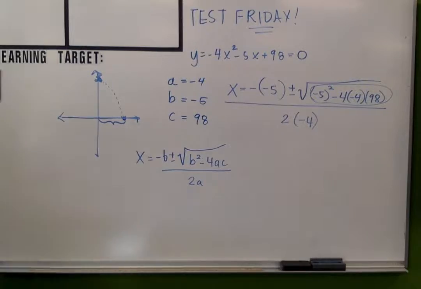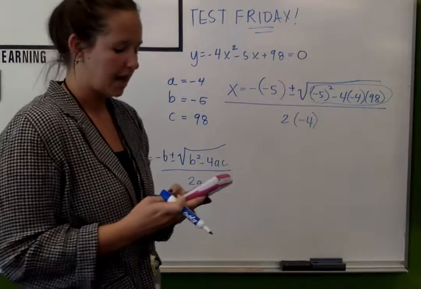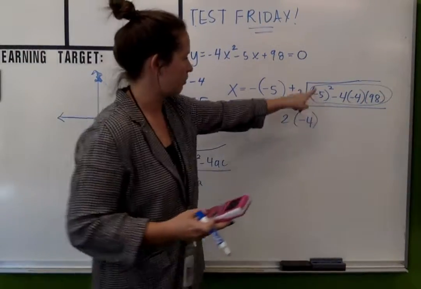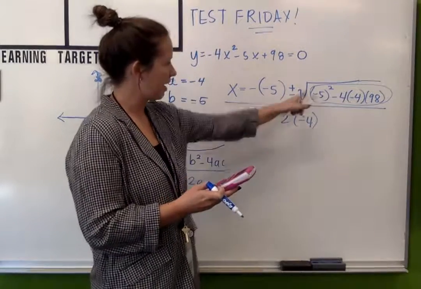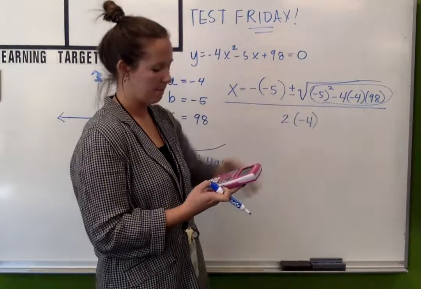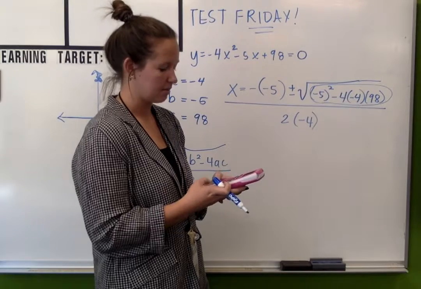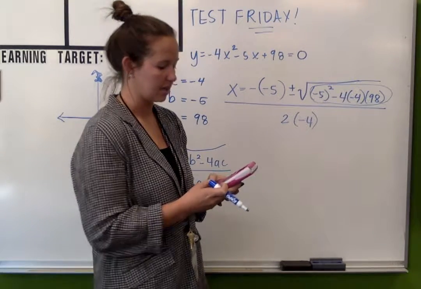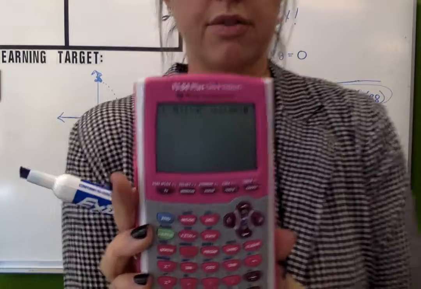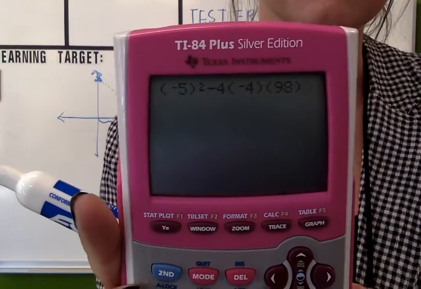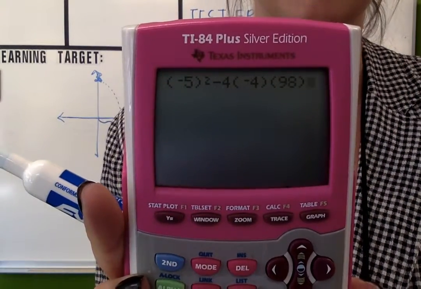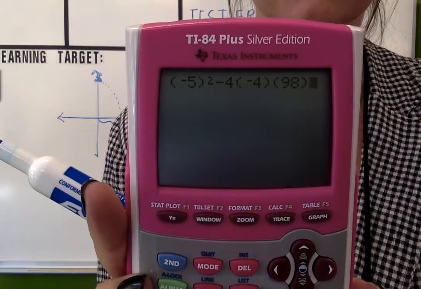So I'm going to grab my calculator, and I'm going to type this in exactly as it's written with a parenthesis. Negative 5, parenthesis squared, minus 4, parenthesis minus 4, parenthesis 98. So, I don't know if you can see this, but literally just straight in there, exactly as I have written, with all of my parentheses.